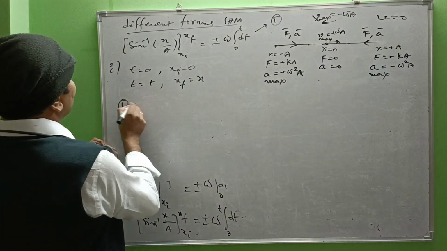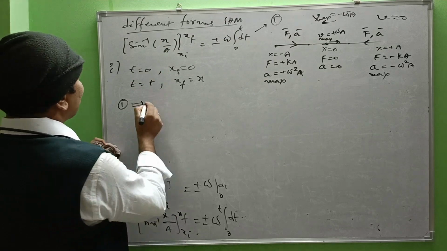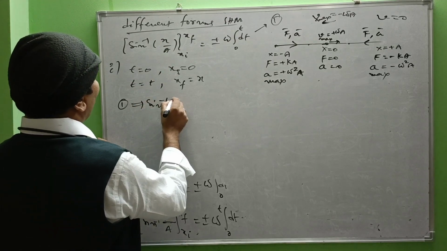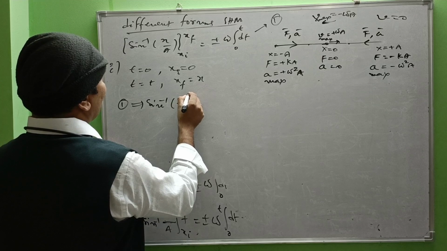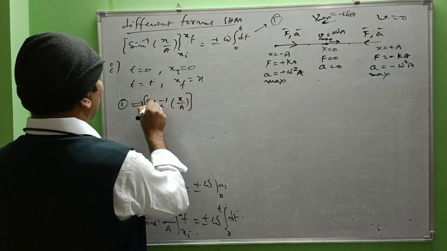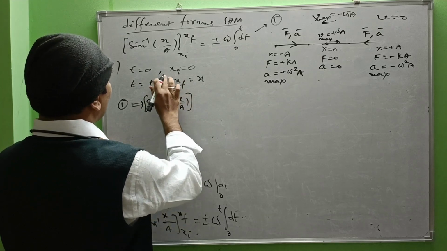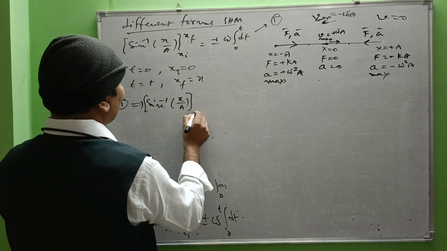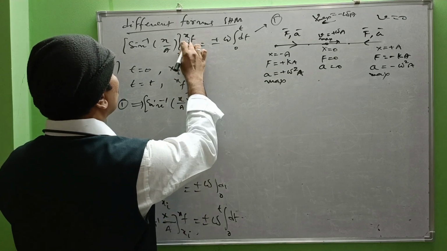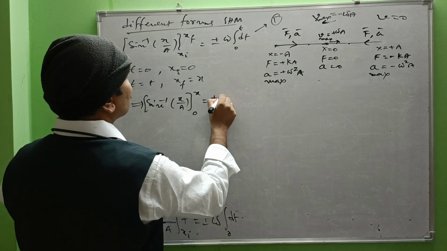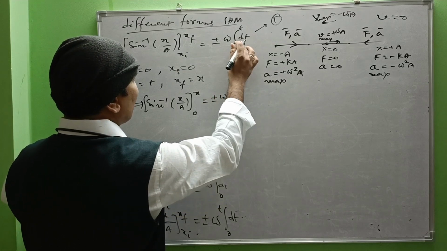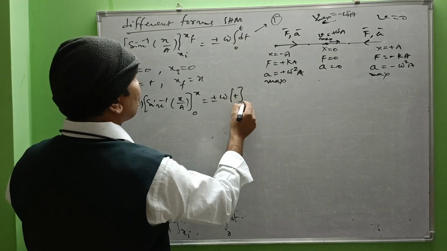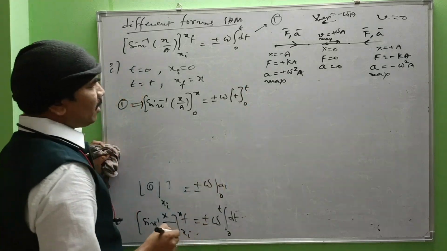Now equation 1 is modified: sin inverse x by a with limits, what are the limits here? Integrating limits, that is xi means 0, xf means x, 0 to x. That is plus or minus omega into integral dt means t, limits 0 to t.